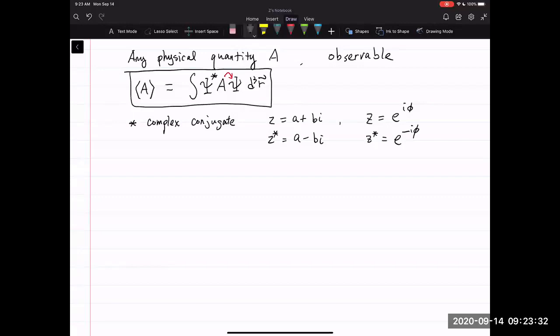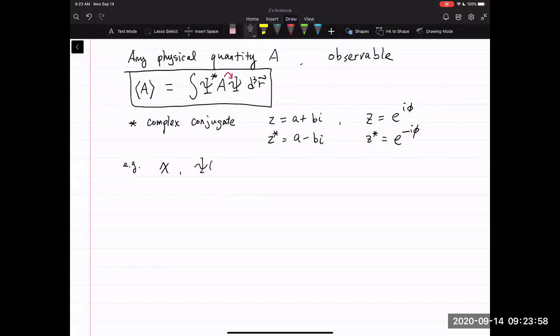Let me give you another example for you to better understand the meaning of that. Let's say we are interested in the location of the particle, and let's even simplify that. In other words, this A is the location of the particle X, and even simpler, we assume the wave function is one-dimensional.